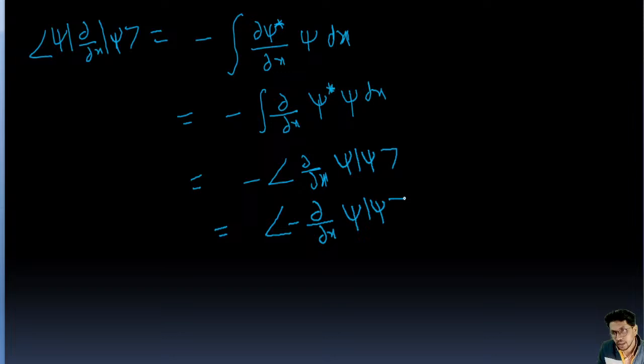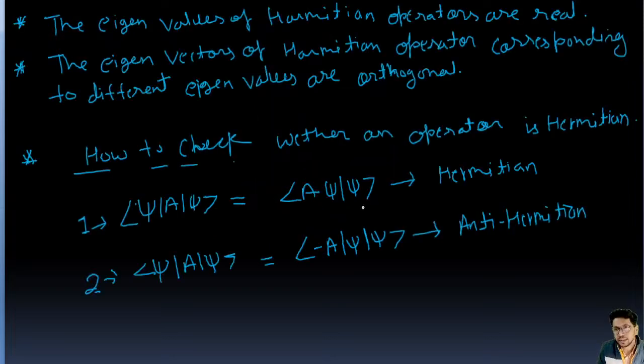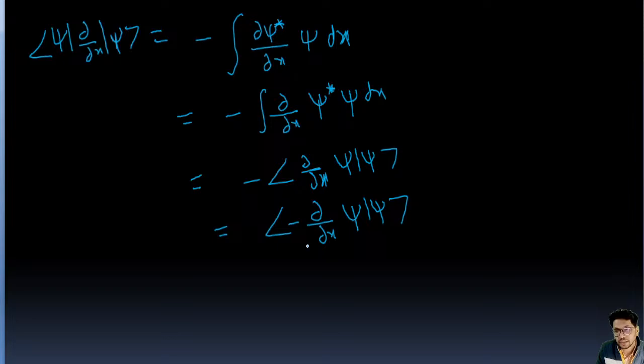This is the condition, right? I've already explained this one, Hermitian. If A psi is A psi, this is Hermitian. If this is minus A psi, this is anti-Hermitian, right? So here we can say this is the operator, and the minus sign is there.